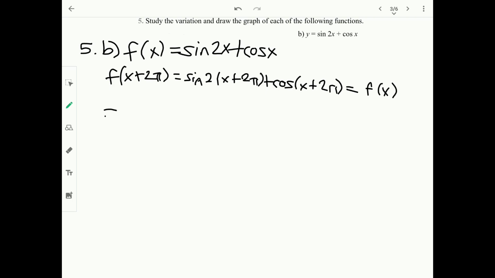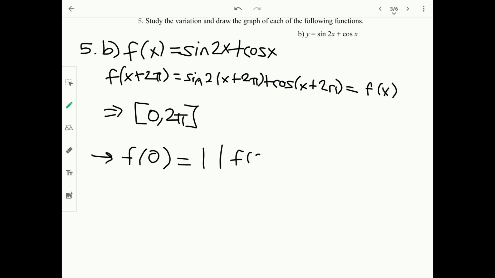Since we have that, our domain is only 0 to 2 pi. Now we should obviously get f of 0, which is equal to 1, and f of 2 pi, which is also equal to 1, right?